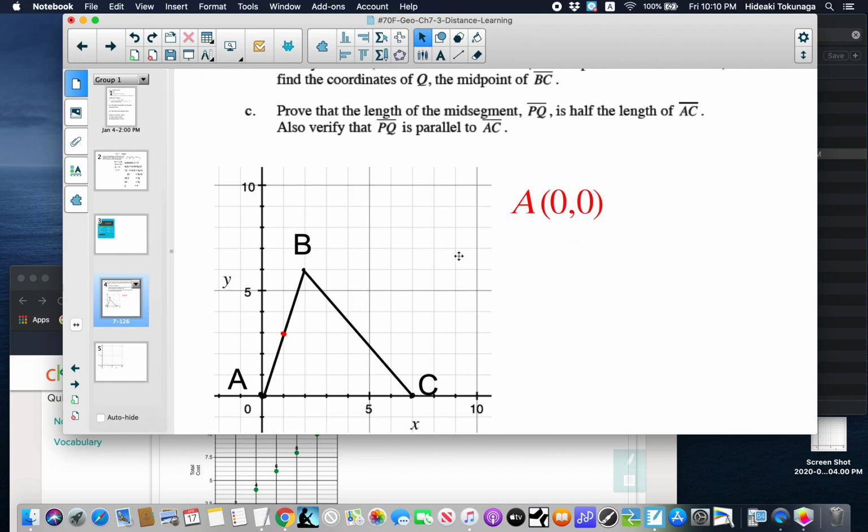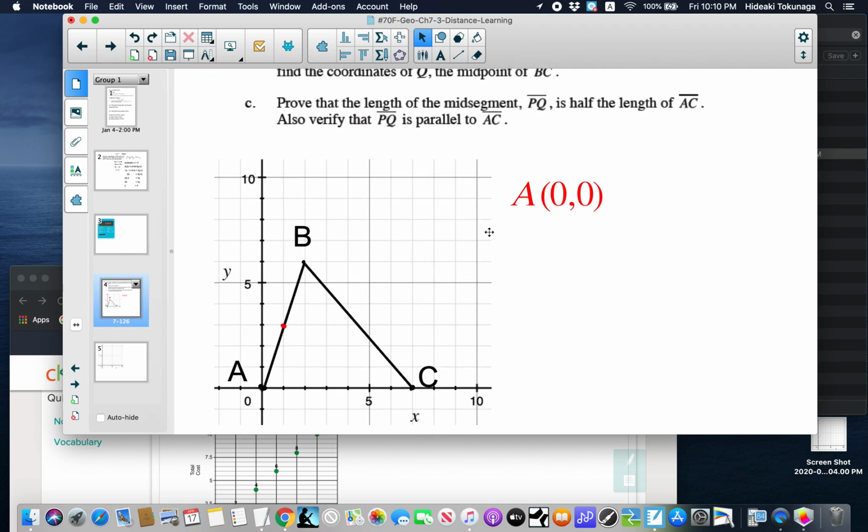B is (2, 6). It might be quicker to write, so let me write down B is 2, 6.